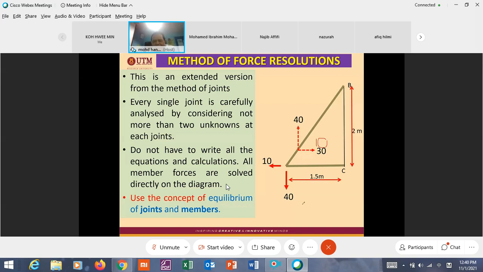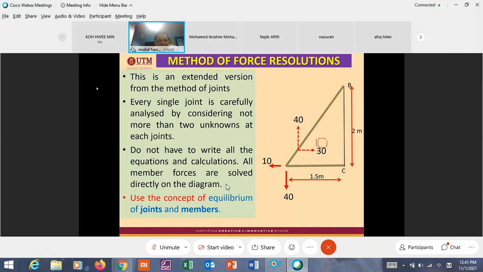So now this joint is in equilibrium, in Y and also in X direction. Can you see that? Equilibrium. Okay, now we go to this member.